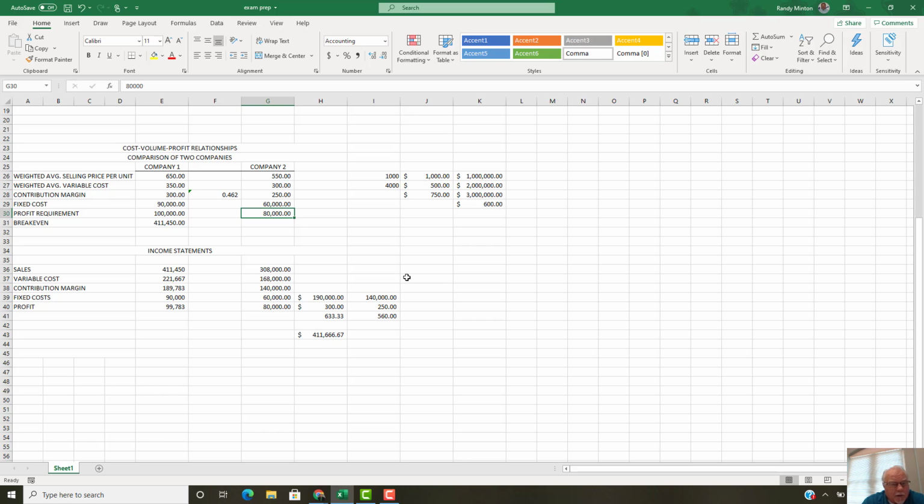And if I did that, I'm going to come out with my break even before consideration of a profit requirement, but I wanted to put the profit requirement in because I know that they're going to be on your examination. All you're going to do with profit requirement is treat it like it's another fixed cost. And if you do that, then you're going to be able to calculate all of these problems that you need to calculate.